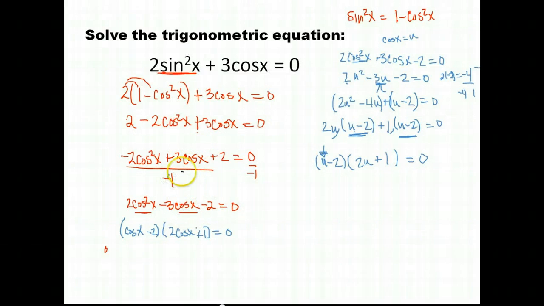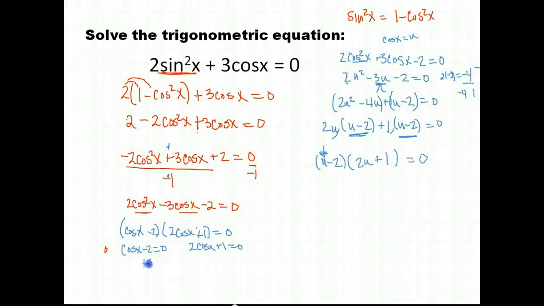Okay, so we came down, we isolated, we got it equal to 0, we factored it. Remember, the next step in solving these equations is you set each factor equal to 0. So cosine x minus 2 equals 0, and 2 cosine x plus 1 equals 0, and you solve for x.